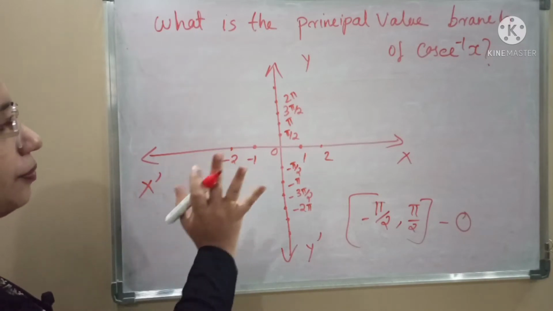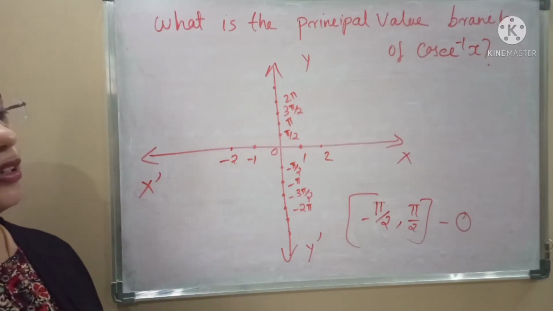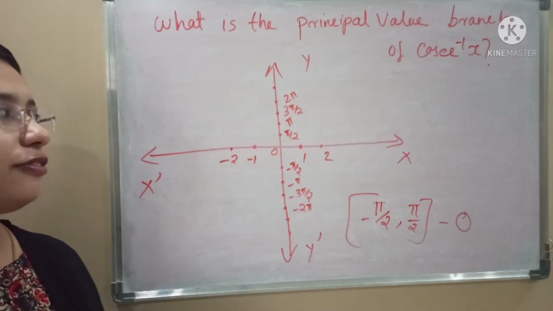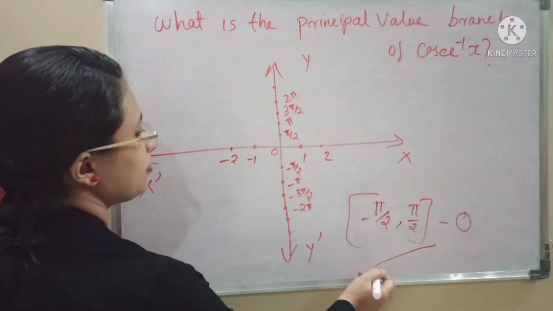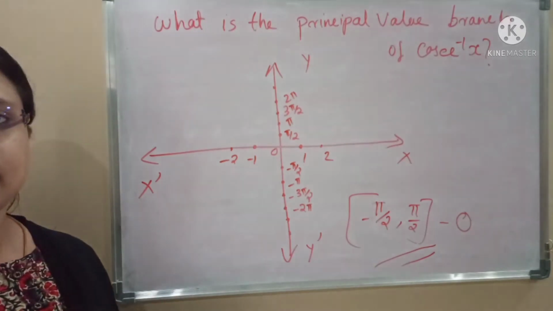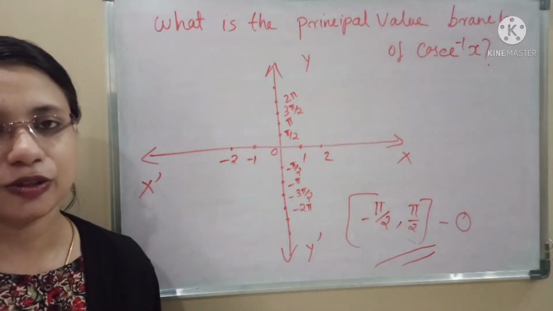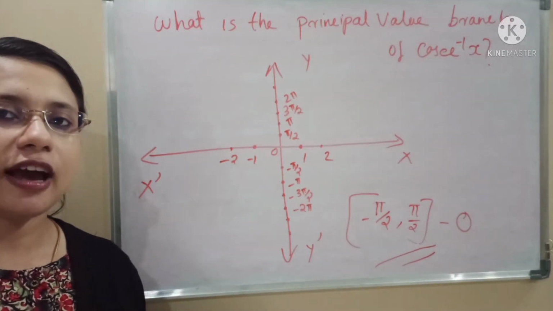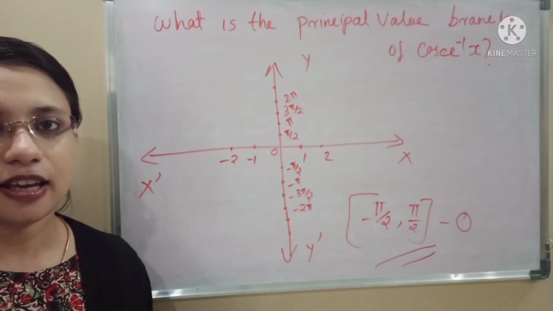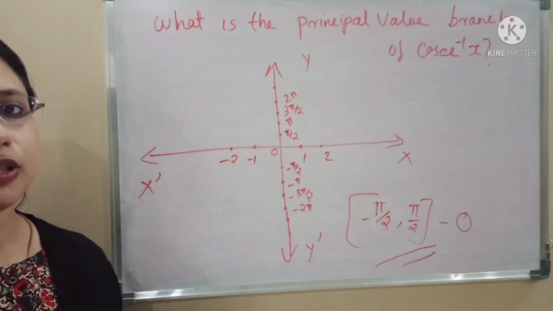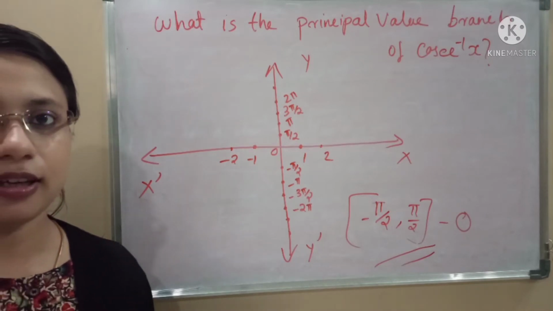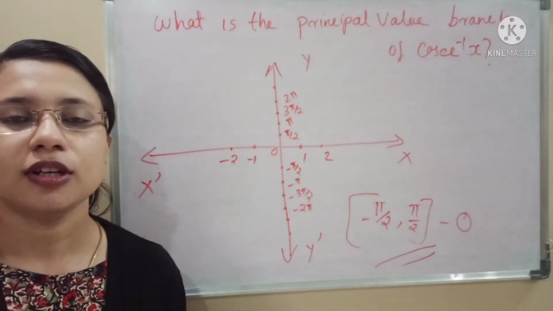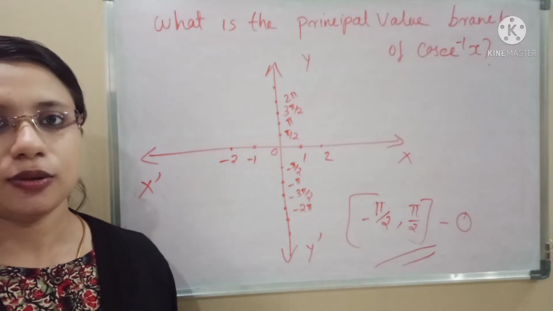When we represent it using an xy graph, it will be like this. So this will be the principal value range of cosec inverse of x. You can learn it for tan, sec, sine, everything. Likewise, we already wrote it in the formula book at the beginning of this chapter, so learn those ranges. Okay, clear.